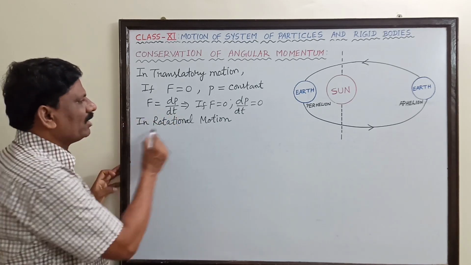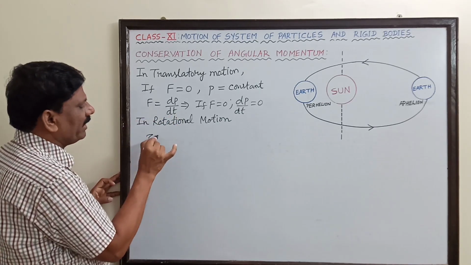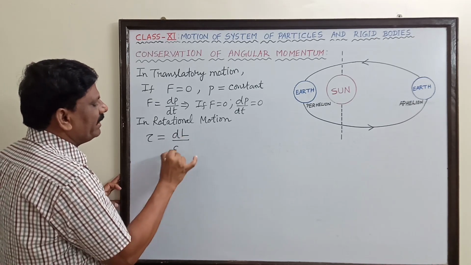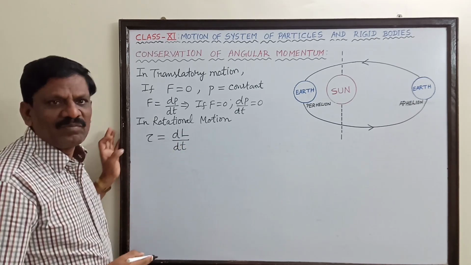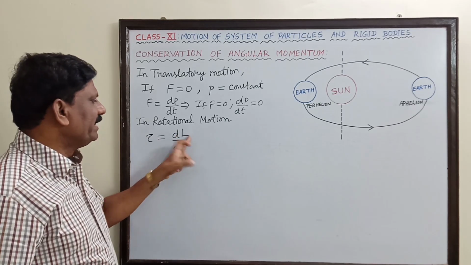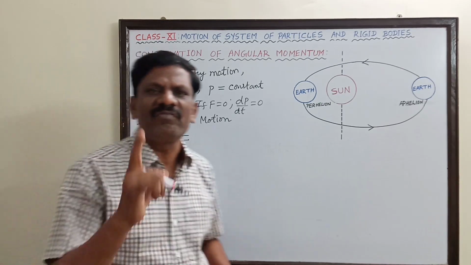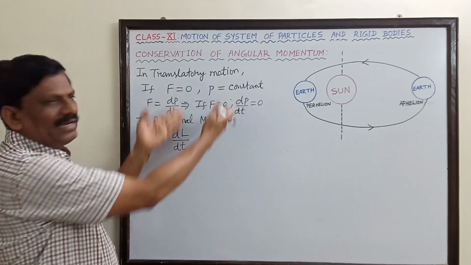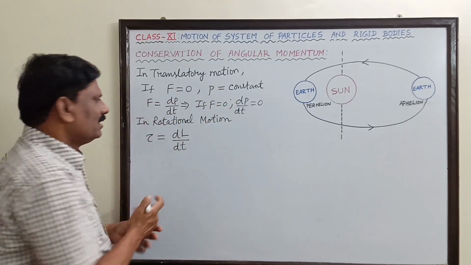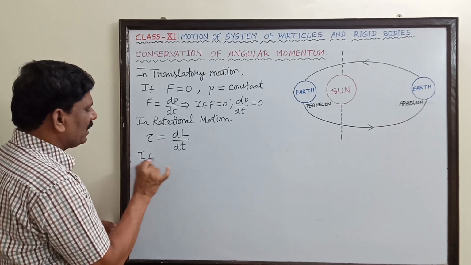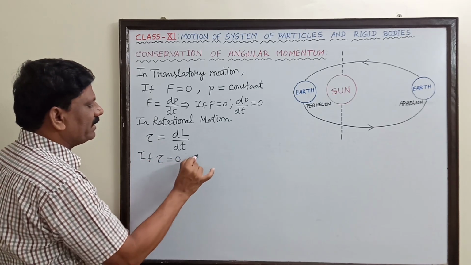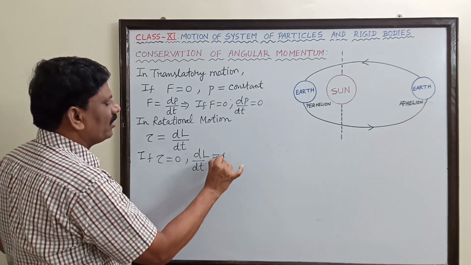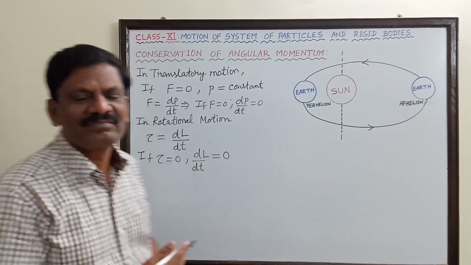Like that, in rotational motion, torque acting on the body is equal to dL by dt, where L is the angular momentum. So dL by dt means the rate of change of angular momentum. On the same lines, if tau is equal to 0, then dL by dt is equal to 0.